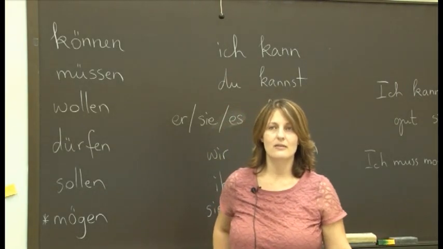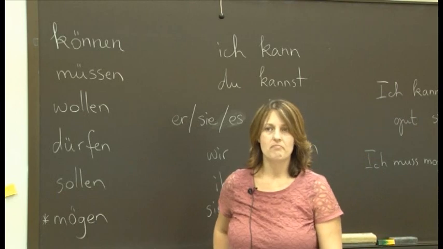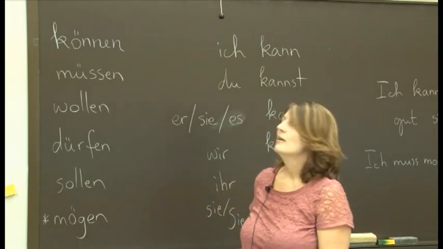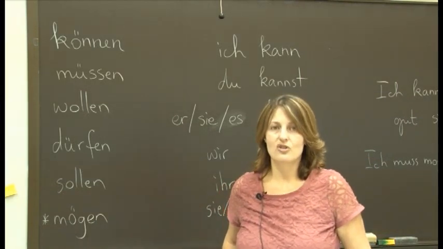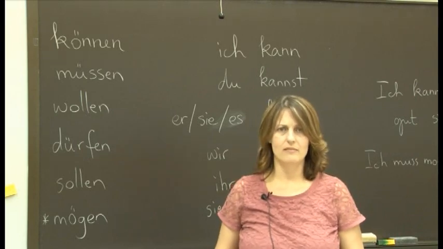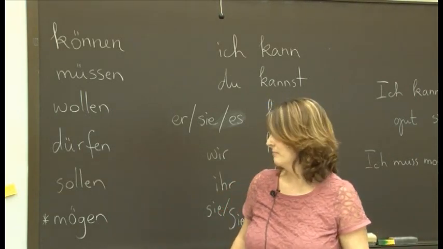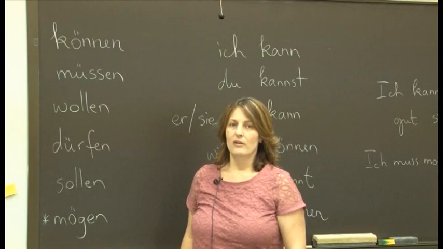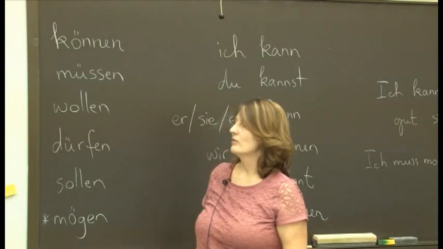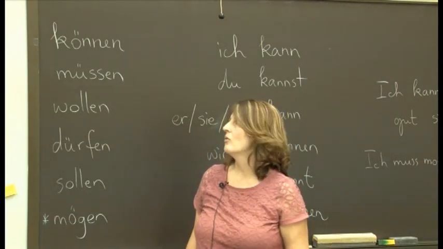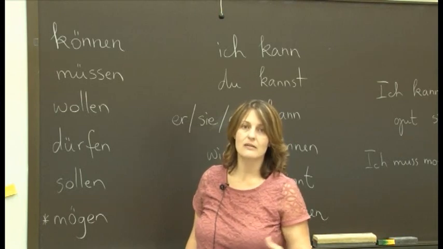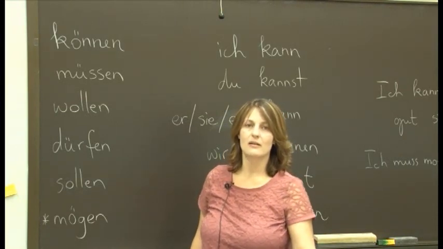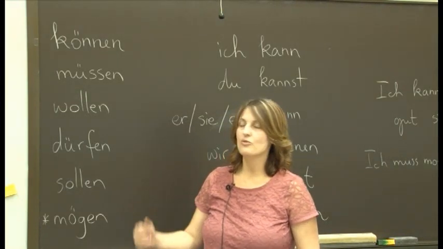Ich kann nicht Japanisch sprechen. Ich kann nicht Gitarre spielen, ich kann kein Instrument spielen, nichts. Ja? So to be able to, can or cannot, of course. Ich kann nicht Gitarre spielen, ich kann nicht Klavier spielen.